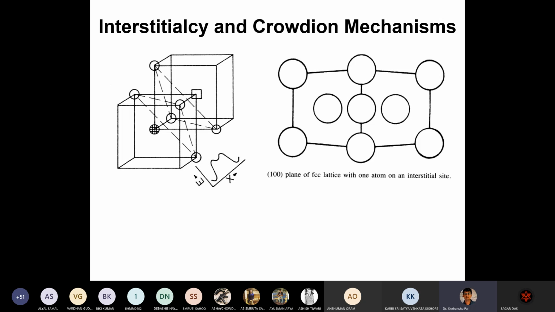Consider the interstitial atom. It is said to diffuse by the interstitialcy mechanism if it pushes one of its nearest neighbor atoms into an interstitial position and occupies the lattice site previously occupied by the displaced atom.